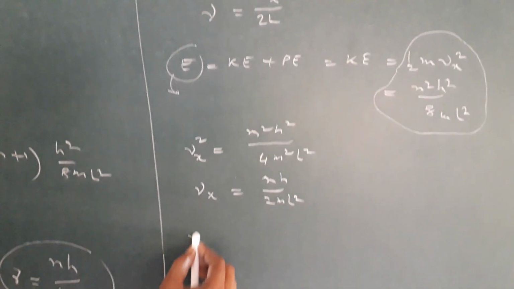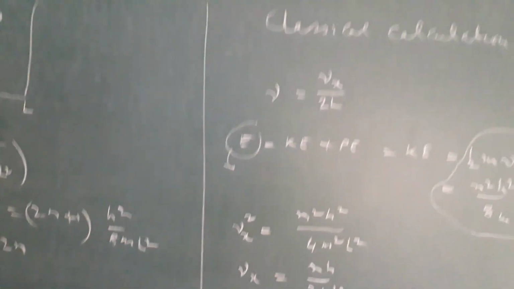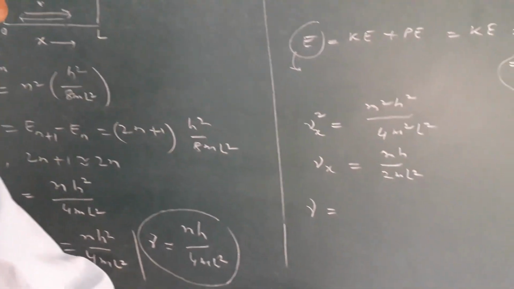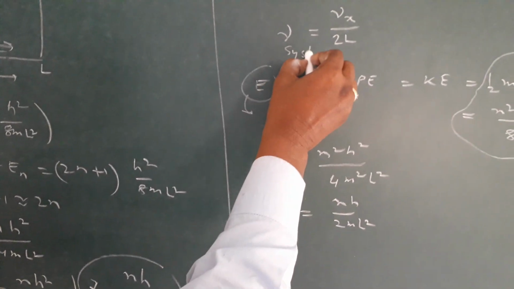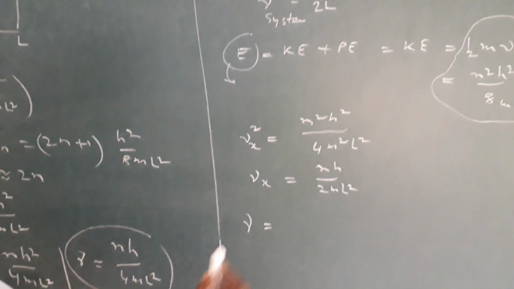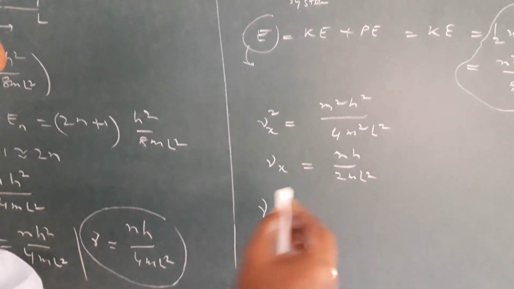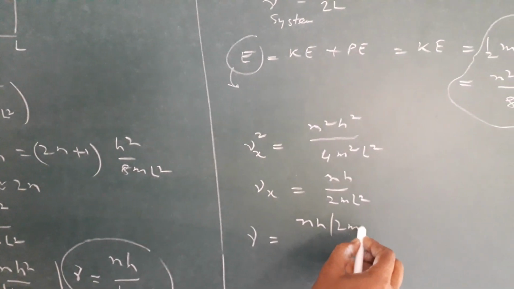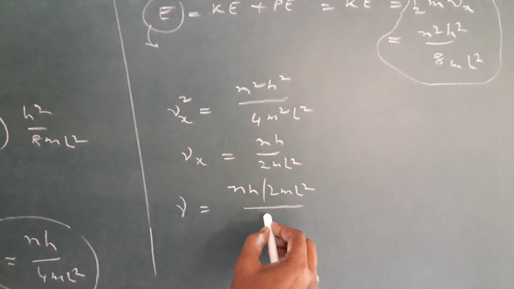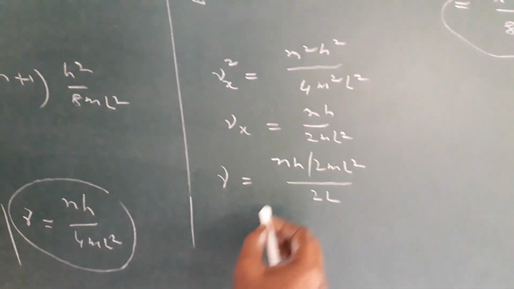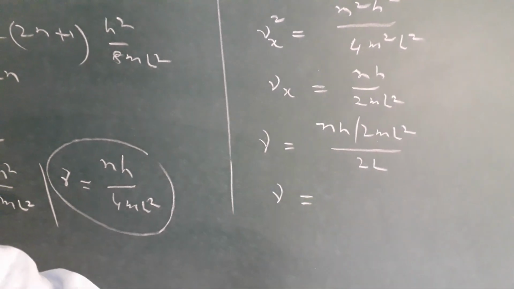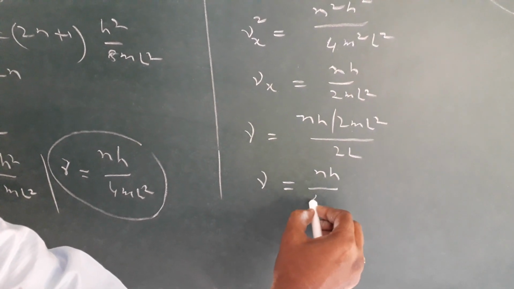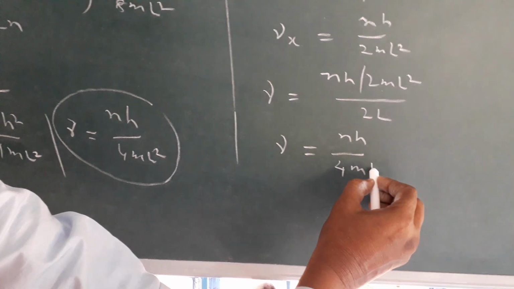So the frequency of this motion of this particle is what we call the system frequency. The system frequency nu equals nh by twice m L, divided by twice L, and this will give you nu equal to nh divided by 4 m L square.